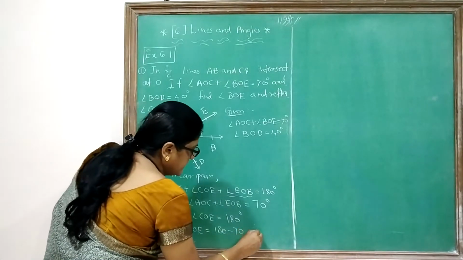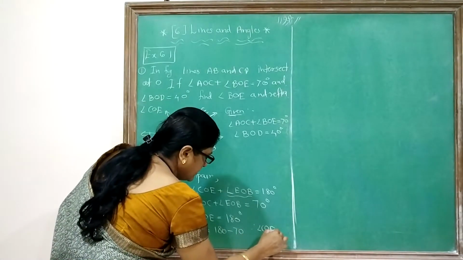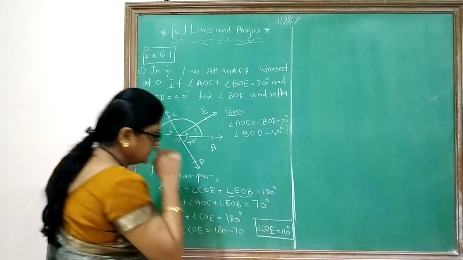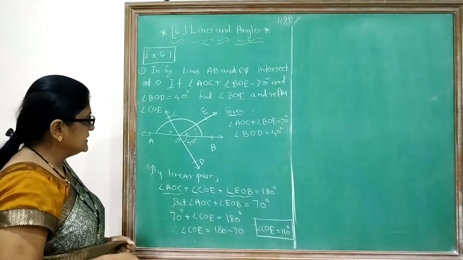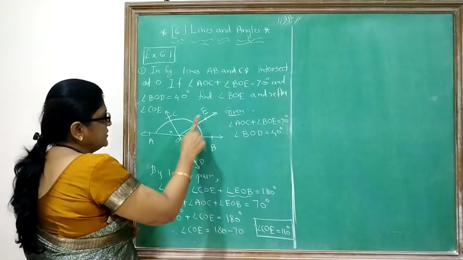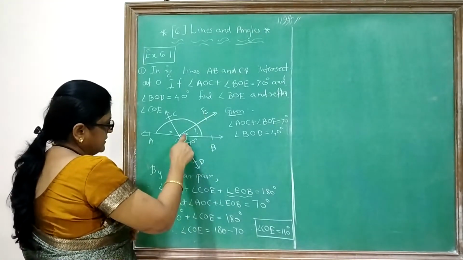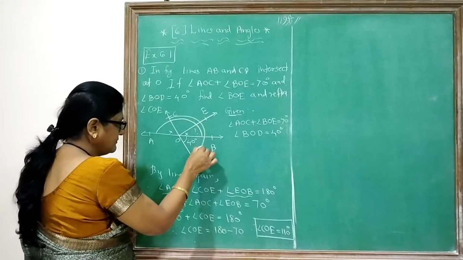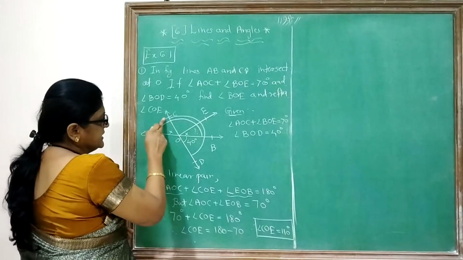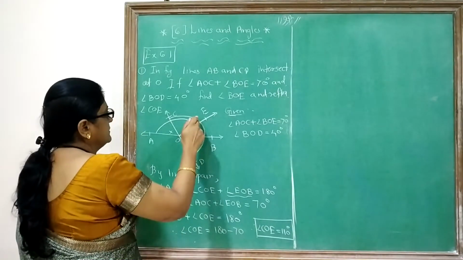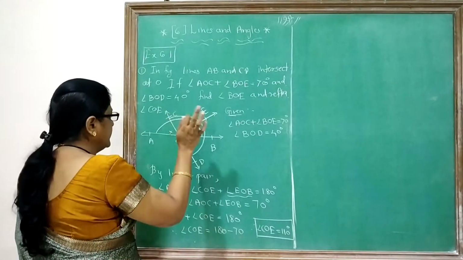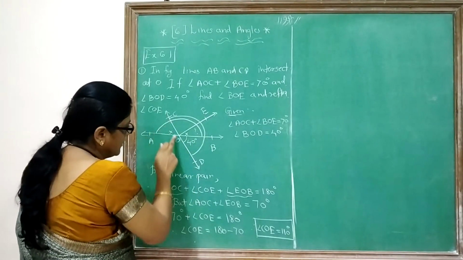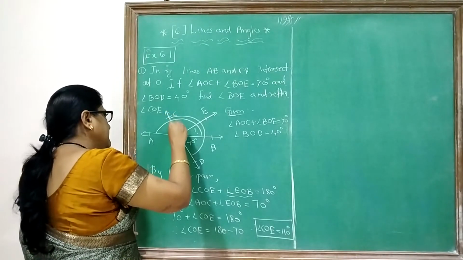Therefore angle COE equals 110 degrees. Then the next is you will find your reflex COE. Again you will write here: this CD stands for, means ray EO and ray OB stand on the line CD.